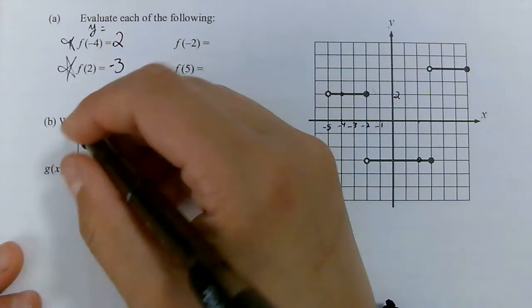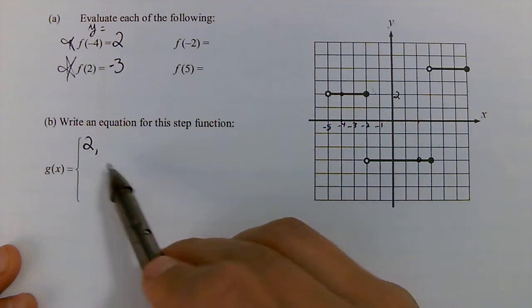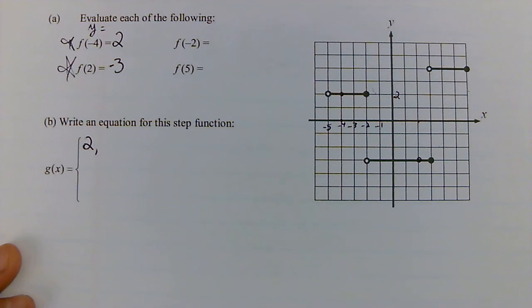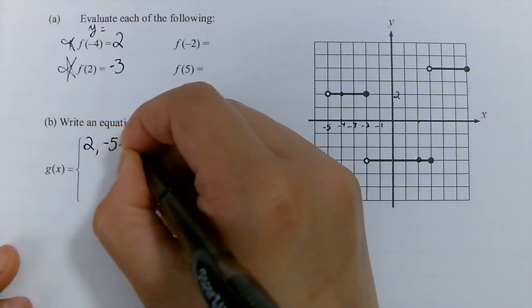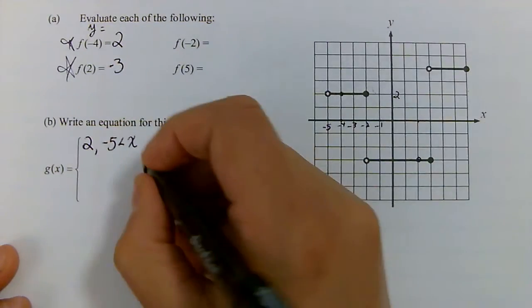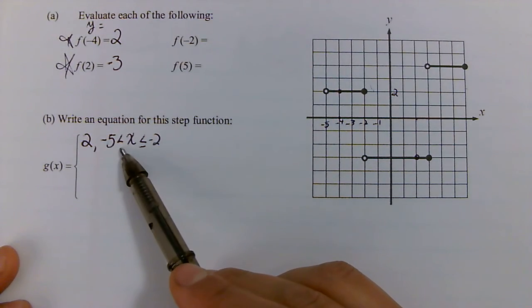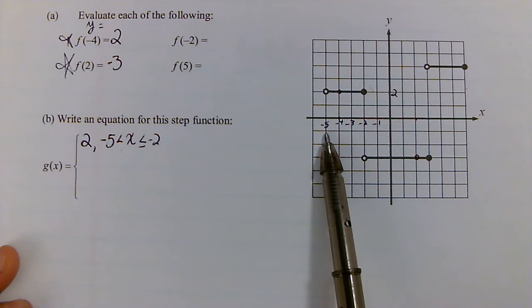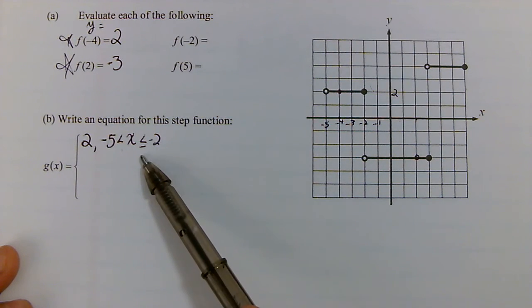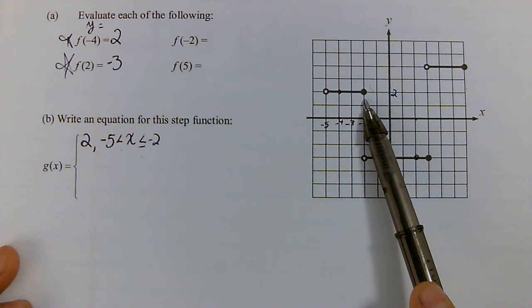So the way you're going to write your rule is it's going to equal 2 when, that's what that column means, x is in between -5 and -2. Now, I put a less than sign for -5 because I see an open circle over -5. And I put less than or equal to for -2 because I see a closed circle right above that one.